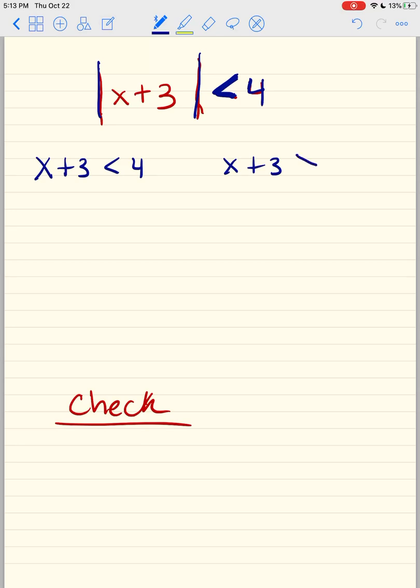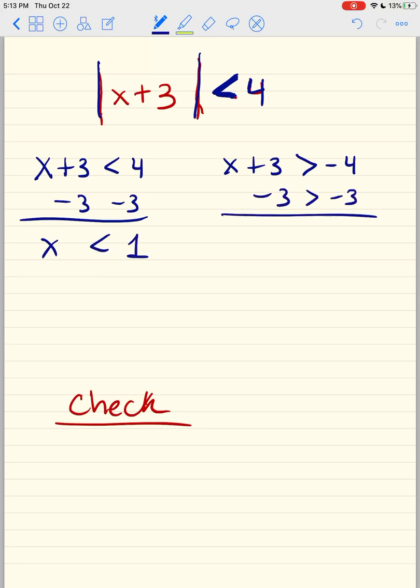I'm going to have to change the arrow to greater than negative 4. I'm going to minus 3. I'm going to have x is less than 1. I'm going to minus 3. And I'm going to have, let me take this off because that's actually not a true statement. Okay, minus 3 on both sides. I'm going to have x is greater than negative 7.